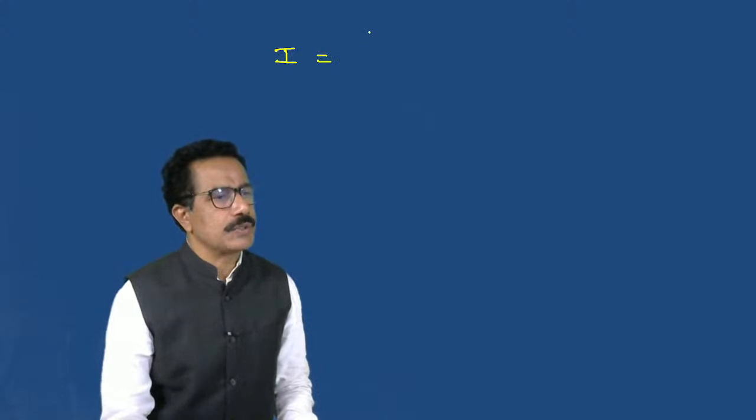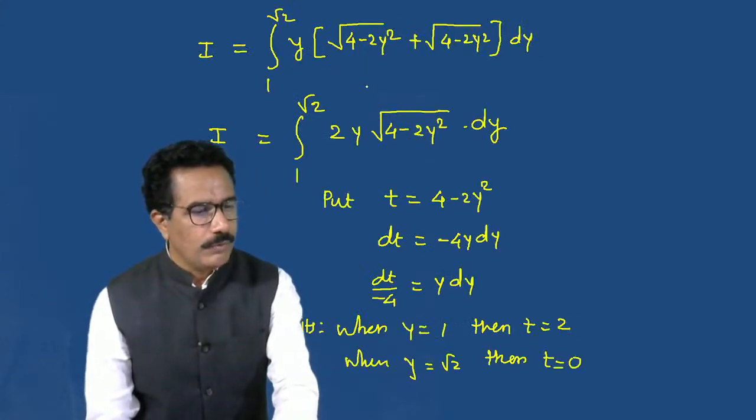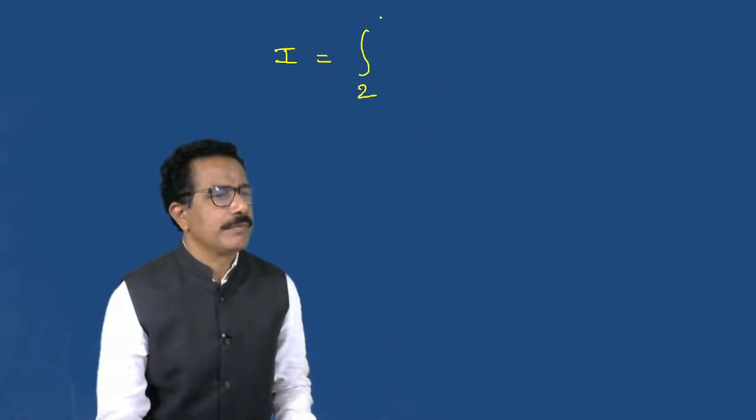So our integration becomes I is equal to integral from 2 to 0.